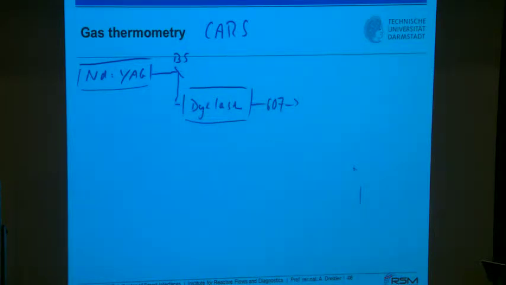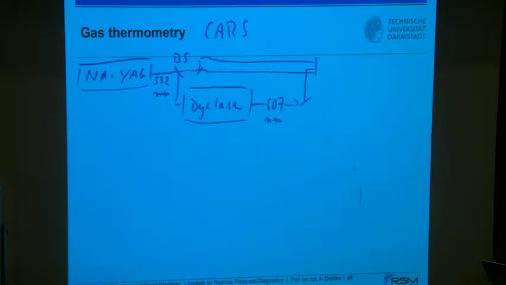The remainder of that pulse, which is at 532 nanometers, is again split into 2 parts, such that you now have 2 pump beams. I think we have denoted them as omega 1. And then you bring in your red broadband beam under the correct angle.